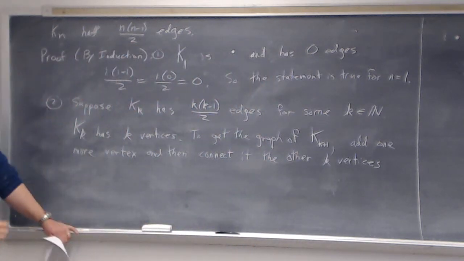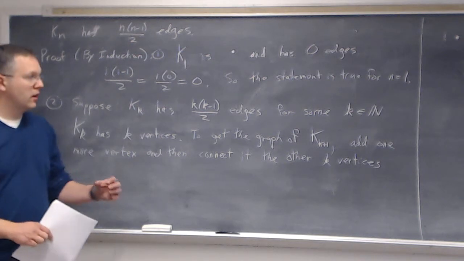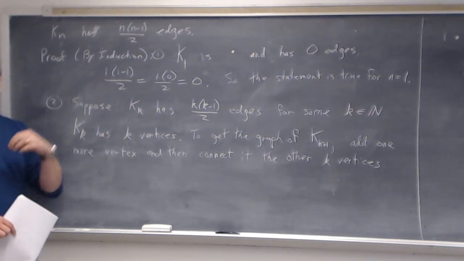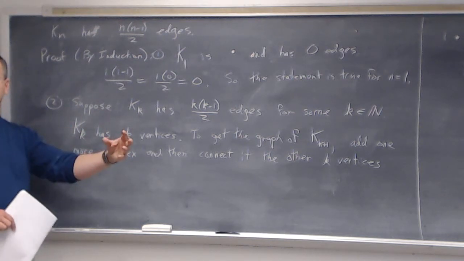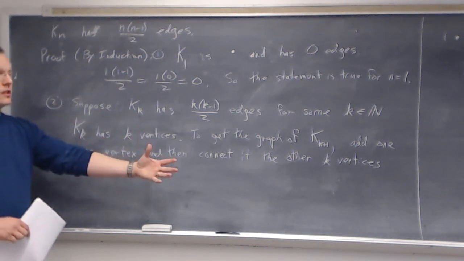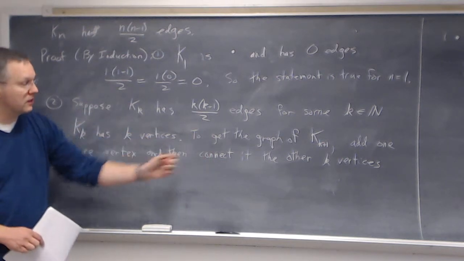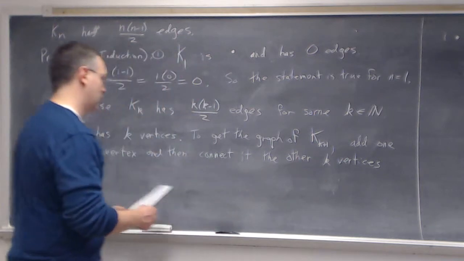How many more edges will I have to add to connect it to k vertices? k edges. If I have 10 vertices and I have to connect one dot to 10 vertices, that's going to take me 10 edges. So if I have k vertices and I need to connect one vertex to these k vertices, I'm going to have to use k more edges. Okay.